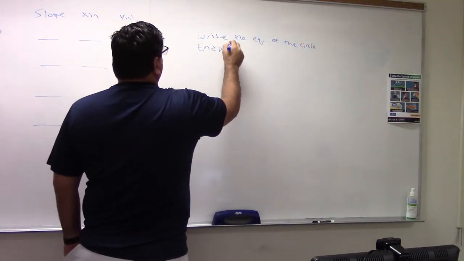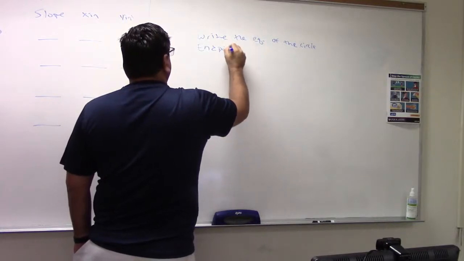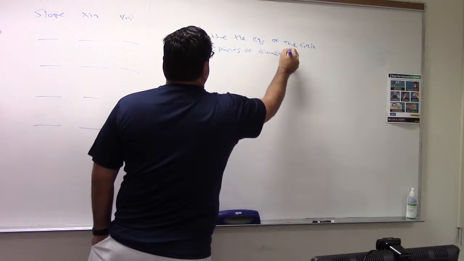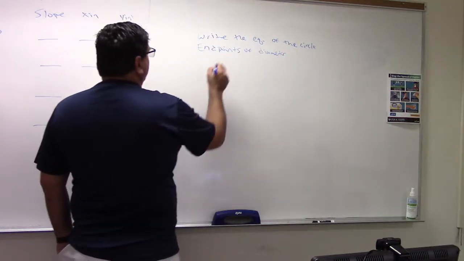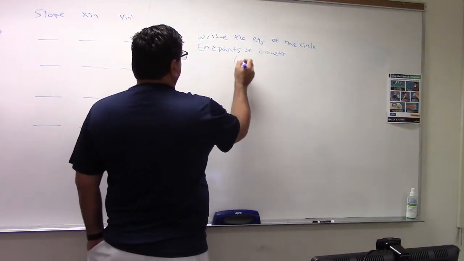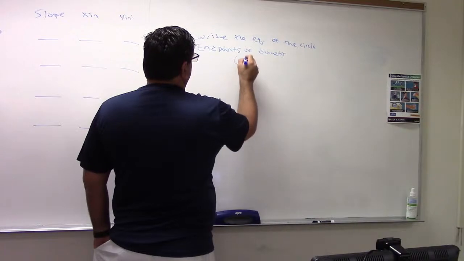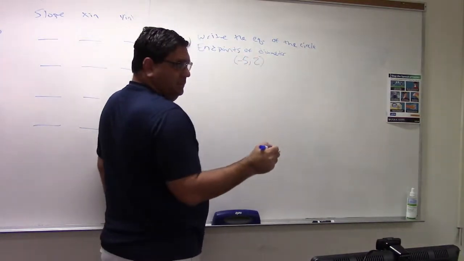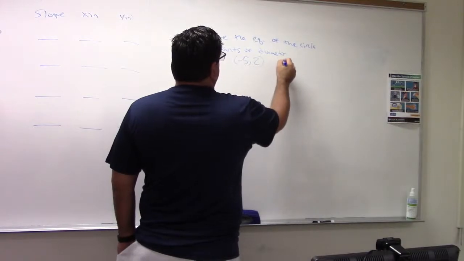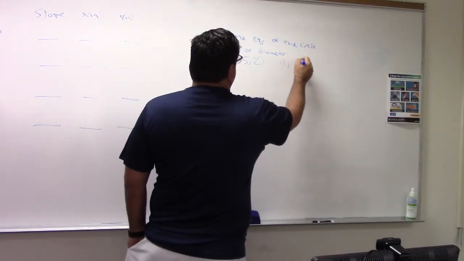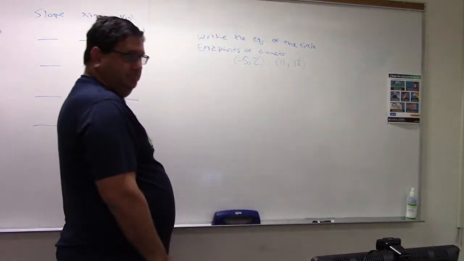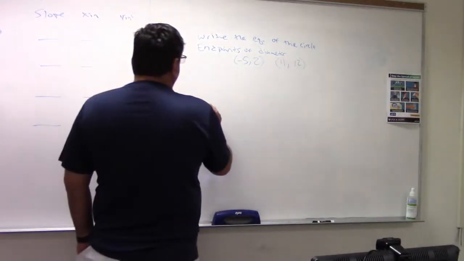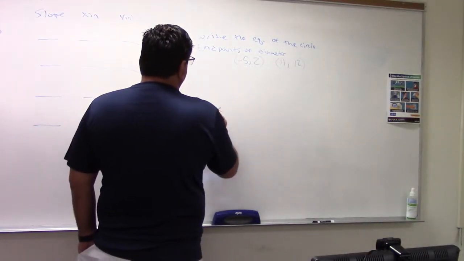Endpoints of the diameter is -5, 2, 11, 12. Okay. Write the equation of the circle.